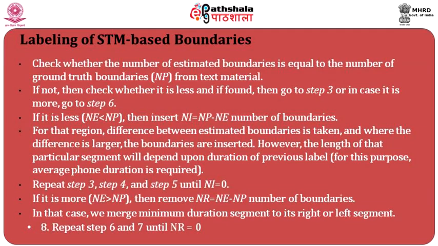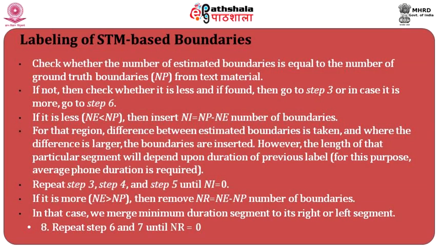Firstly, check whether the number of estimated boundaries from the phonetic segmentation algorithm is equal to the number of ground truth boundaries from text material. Then, if not, check whether it is less, and if found, then go to step 3, or in case it is more, go to step 6.